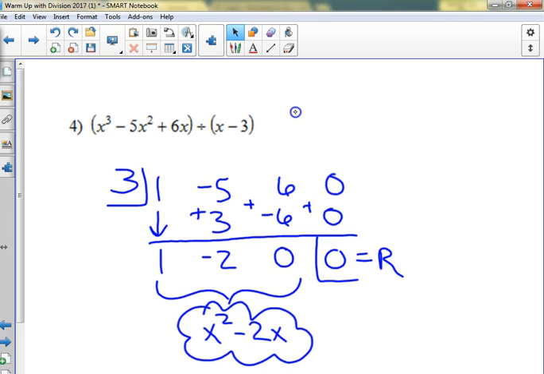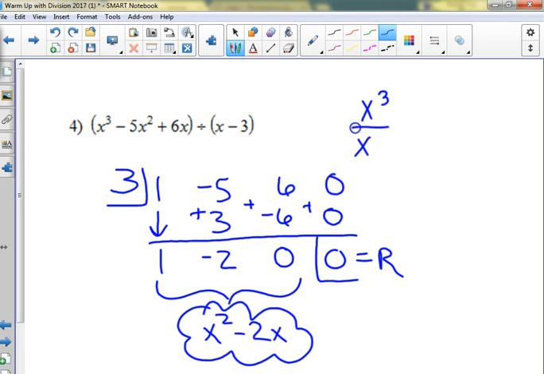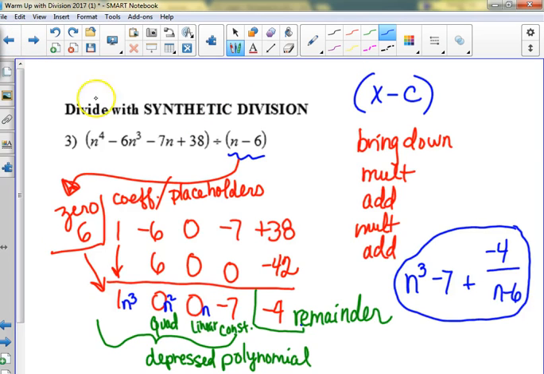If you think about this, if you have an x cubed over an x, if we left off all this, the answer should be an x squared, right? Do you see we started with an n to the 4th here and we divided out an n? That's why our answer had an n cubed.